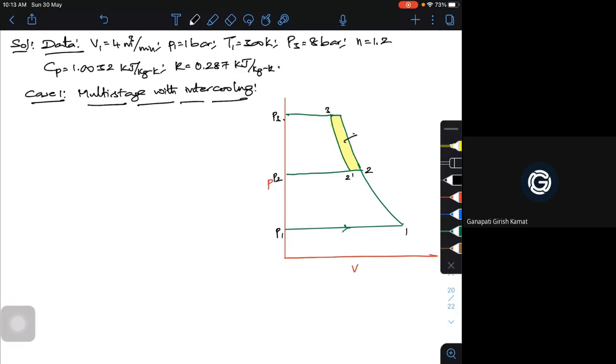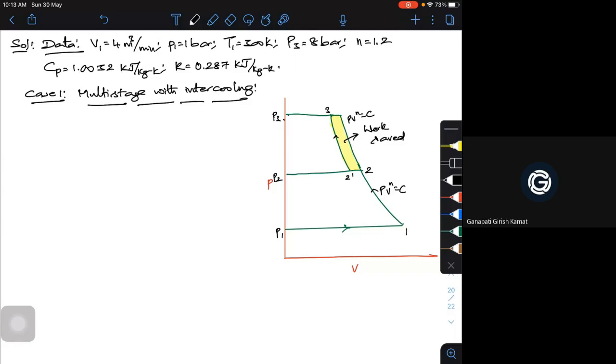So this is the work saved due to cooling. And this is according to the process PV to the power of n is equal to constant.